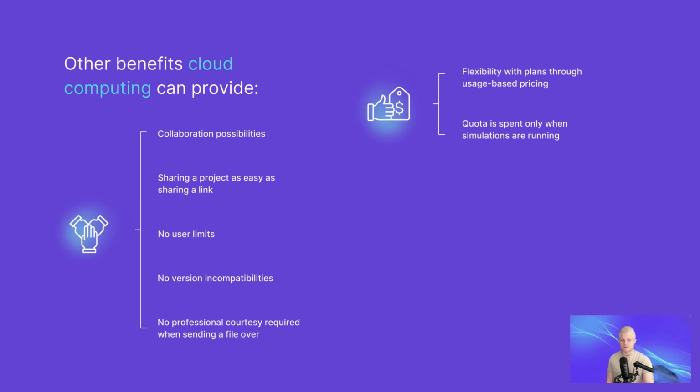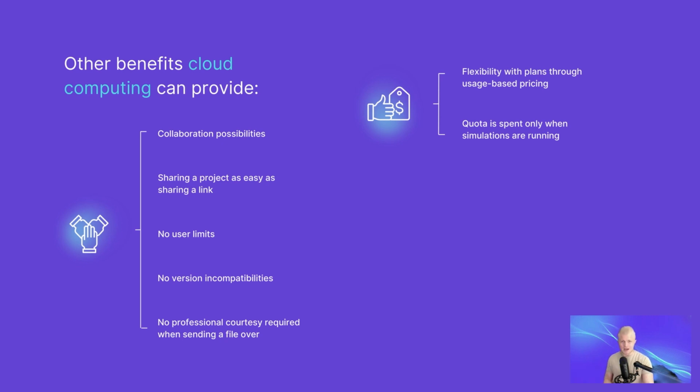Also, as a multi-physics platform, all the features are always included, so there are never additional costs for new use cases you might use the tool for. And as already established, there are no user limits, meaning that once an organization has purchased a plan, everyone can access the software.